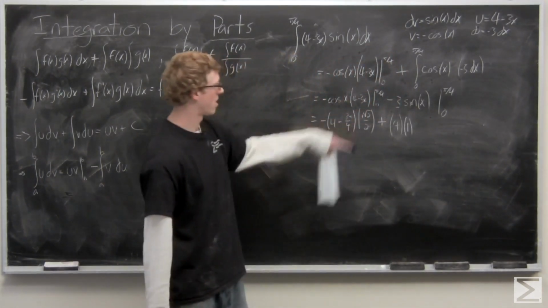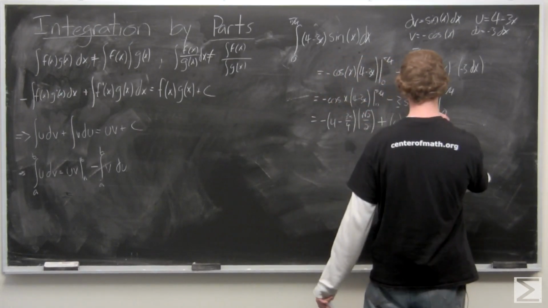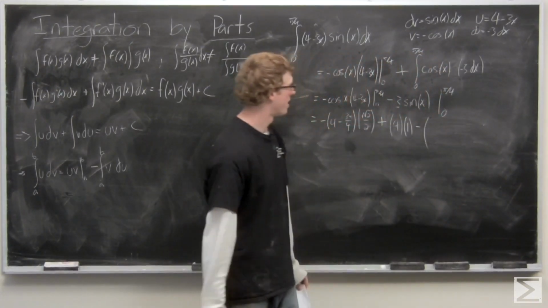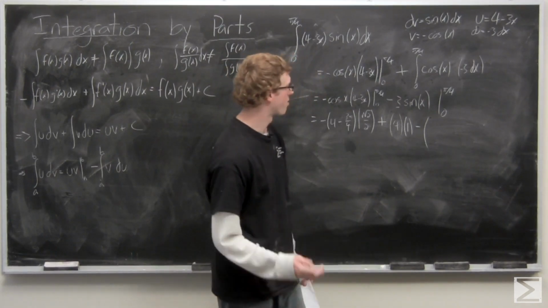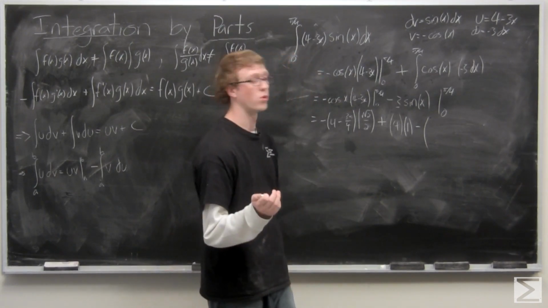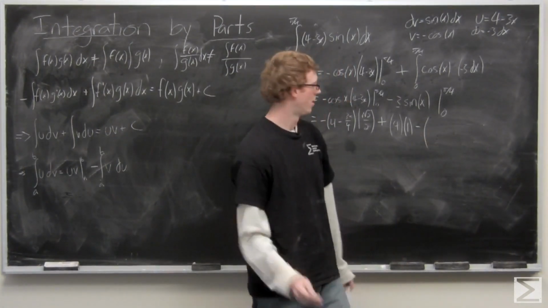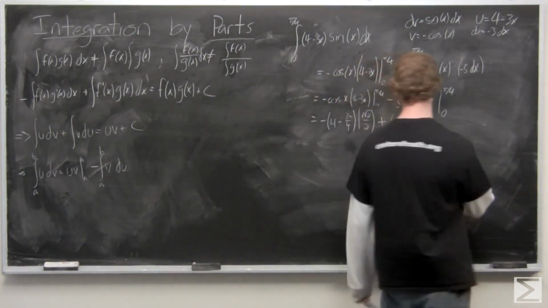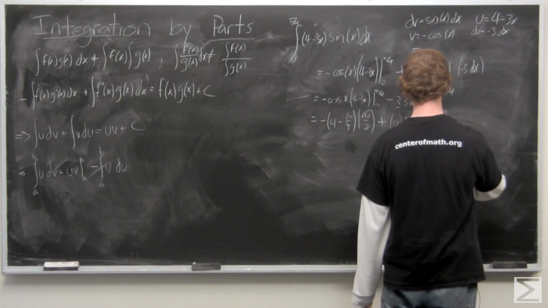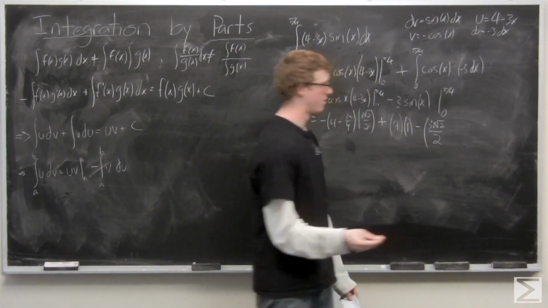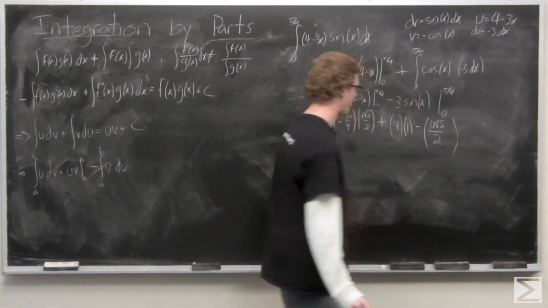And now we need to take care of the negative 3 sine of x. So we have minus, and we're going to evaluate 3 sine of x from pi over 4 to 0. We have 3 times sine of pi over 4 is 3 rad 2 over 2. And the sine of 0 is just 0, so we're just going to subtract 3 rad 2 over 2.